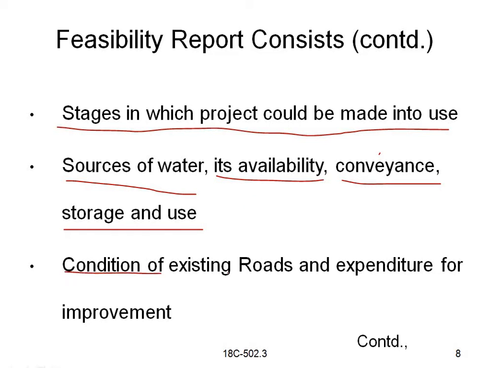And condition of existing roads and expenditure for improvement. You can take the example of roads. Suppose the roads are to be repaired. We have to prepare the condition of existing roads and how much expenditure will be required to improve the roads.